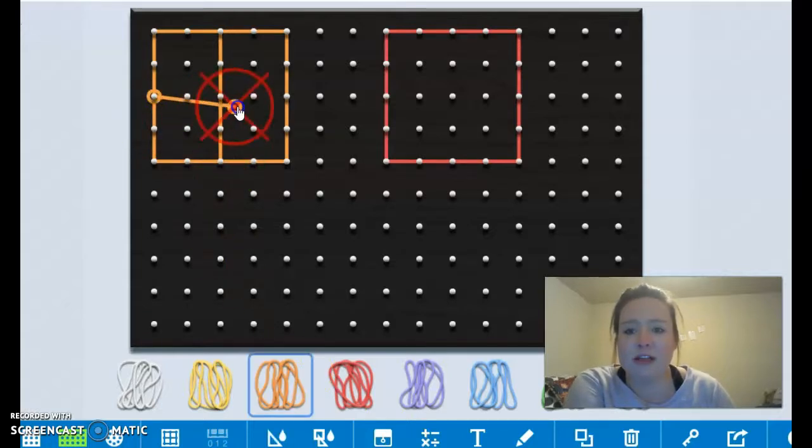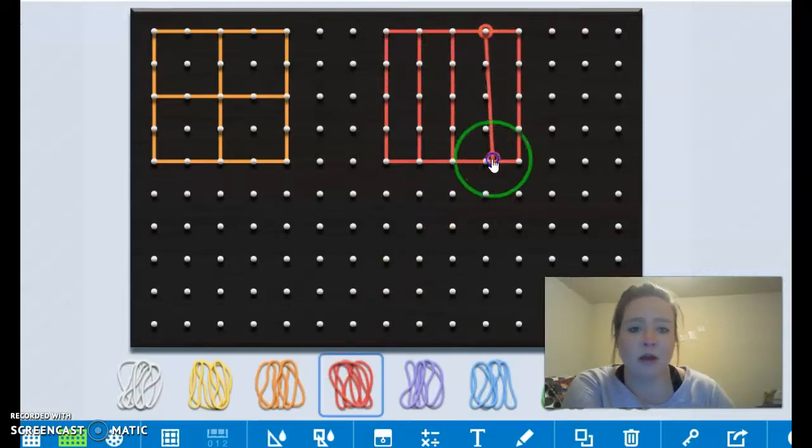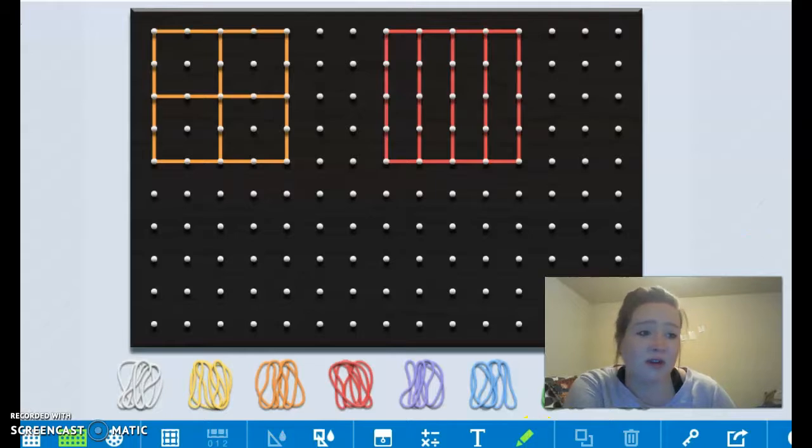I'm going to make 4 boxes, and on this one, I'm going to do 4 rectangles, so I'm going to break it up going vertical. Down here you also have a little marker and a pen that you can use.